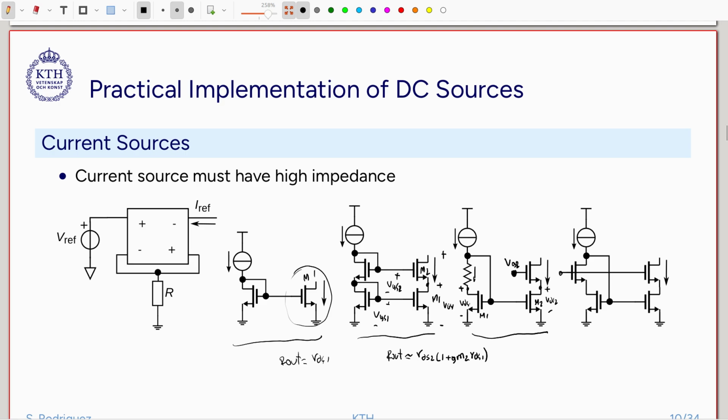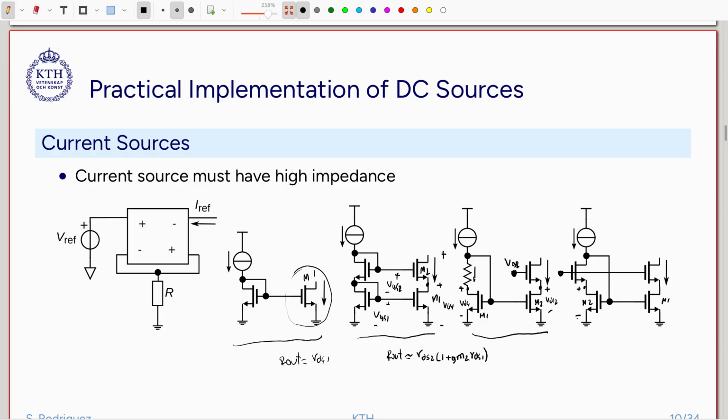So I bias this transistor at a particular voltage, and if I call this M2 and this one M1, I press the voltage of the drain of M2 close to the voltage that is necessary to keep the transistor in saturation.